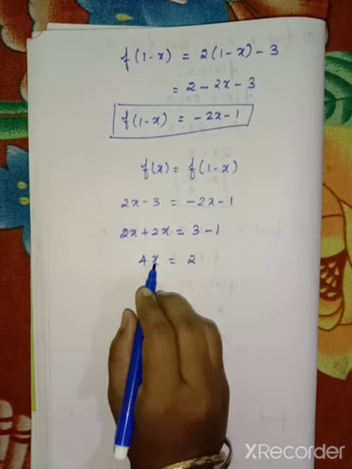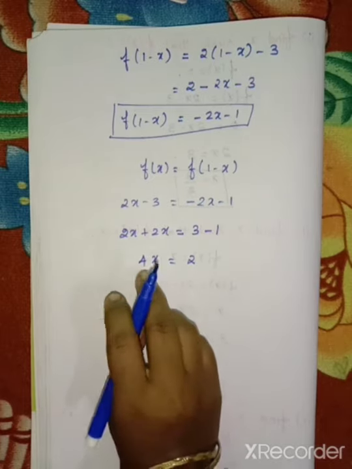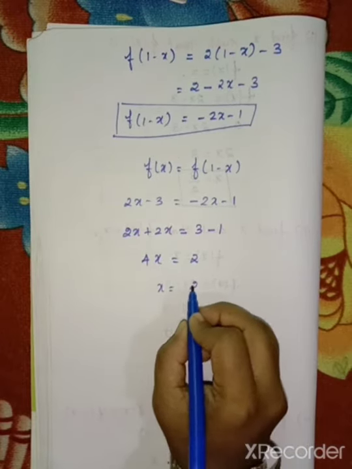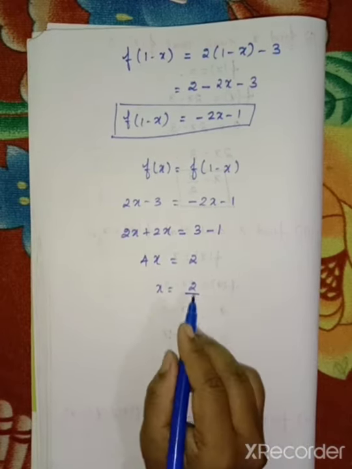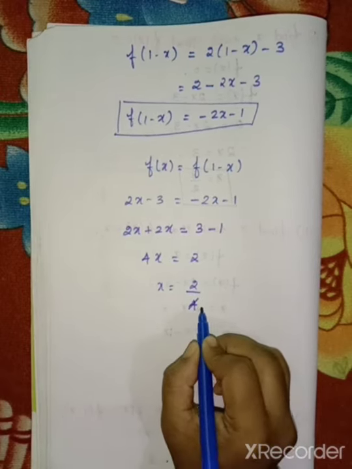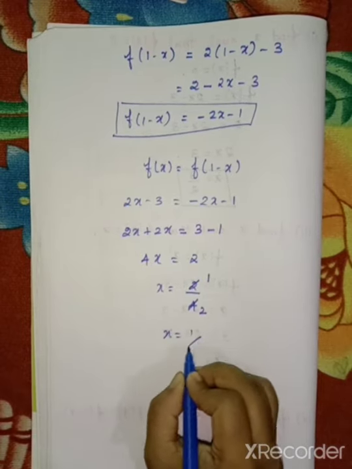We want to find x. Here we have 4 into x, so the 4 goes to that side as divide. So x equal to 2 divided by 4. Here we can cancel with the 2 table. 2 2s are 4, 1 2 is 2. So x equal to 1 by 2.